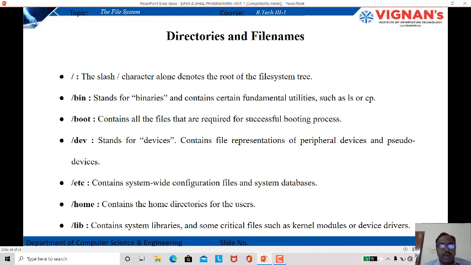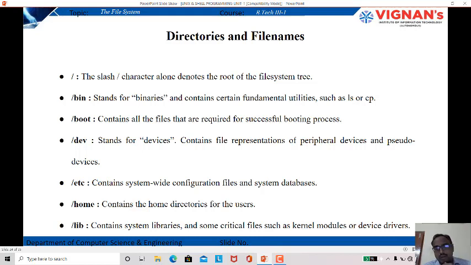Just now we have seen the diagram. The slash character alone denotes the root of the file system tree. Next one is /bin. It stands for binaries, and in most cases it contains fundamental utilities such as ls, listing the files, or cp.